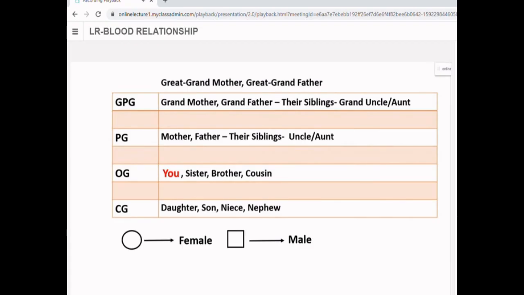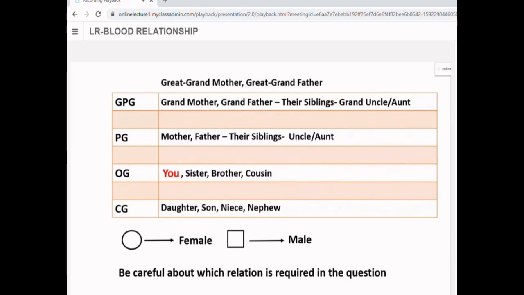So why are these signs required? Dear student, for niece, nephew, son, daughter, in that case, you will require this. So wherever you will find circle, that means that is female. And wherever you will find rectangle, that is male. And then be careful about which relation is required in the question.